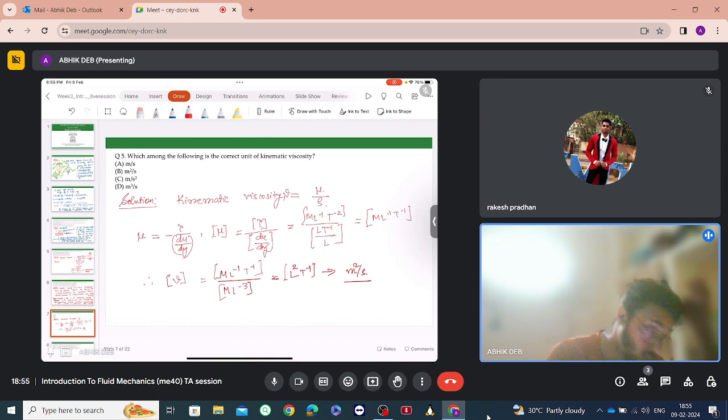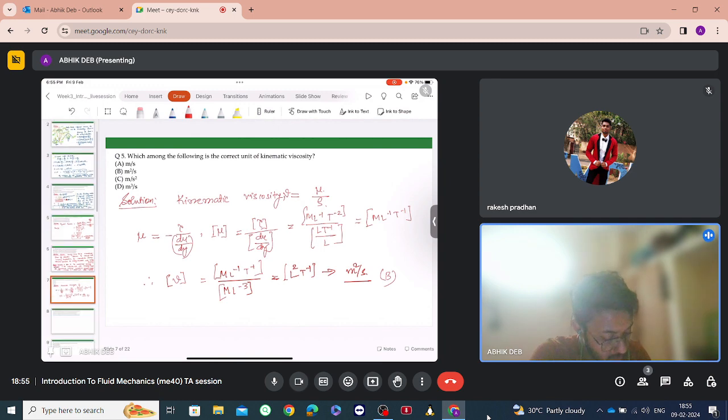Since there is no mass dimension in this unit, it is called kinematic and not dynamic. So the option is B.